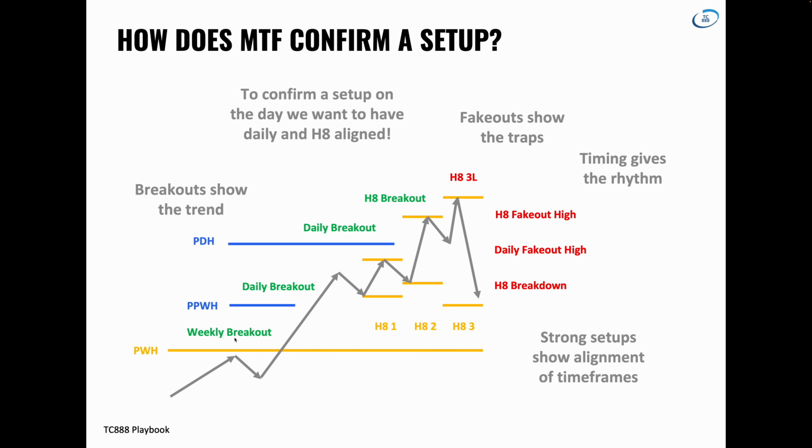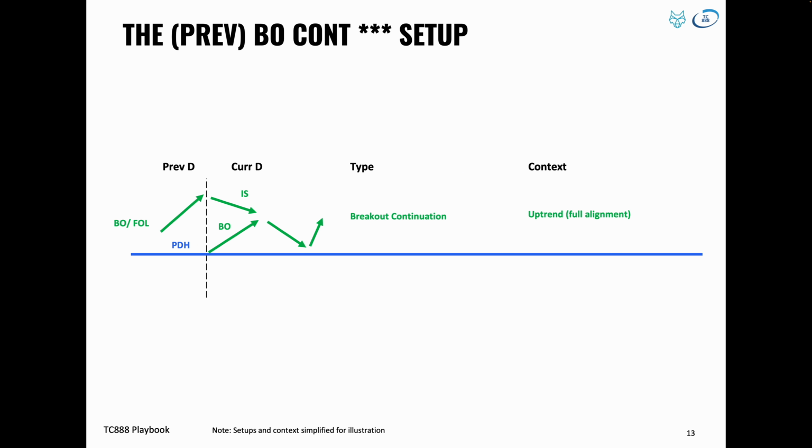So really follow the trend, follow the breakout levels, follow the multi-time frame alignment. And for these kinds of trades, you really want to have all these bias signals in your back. So before we go into the examples, Trend Predator also helps you to identify the setups, of course.